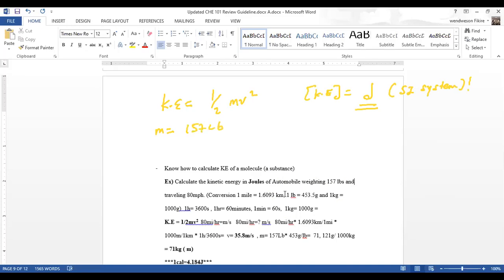Pound is not the SI system, it's a US system. So the pound has to be changed into kilograms. Also, the speed is 80 miles per hour. Miles per hour has to be changed into meters per second. So that's the reason we have all these conversions.